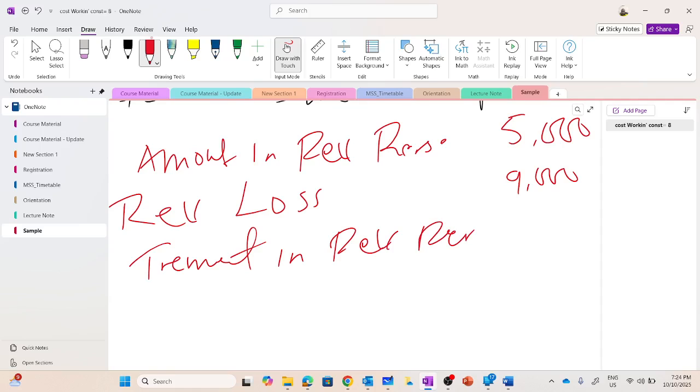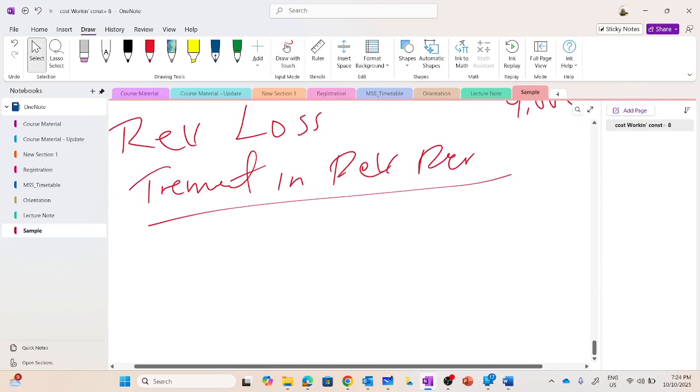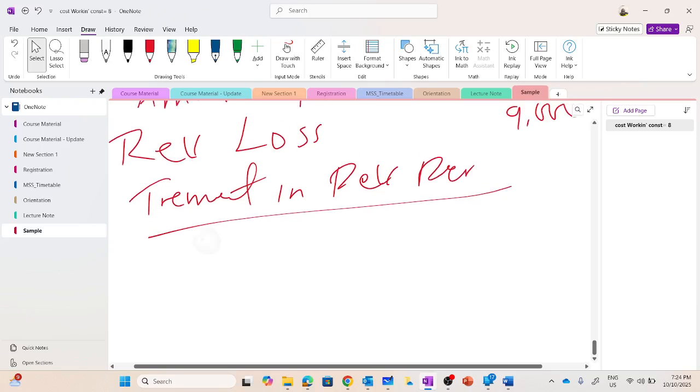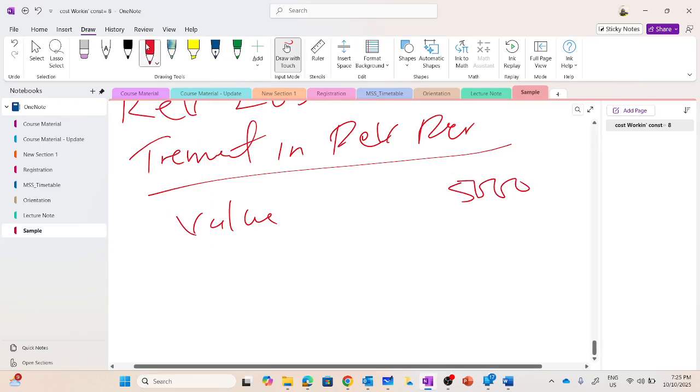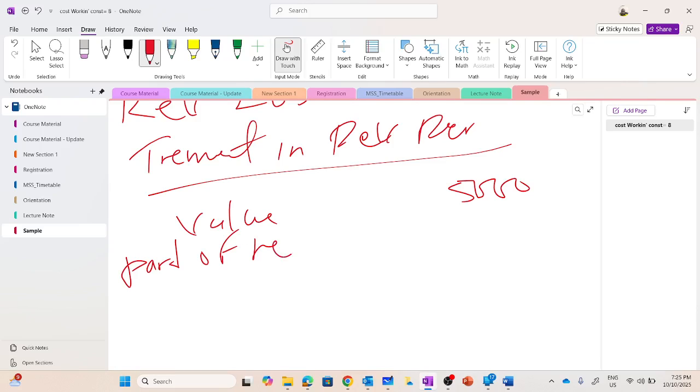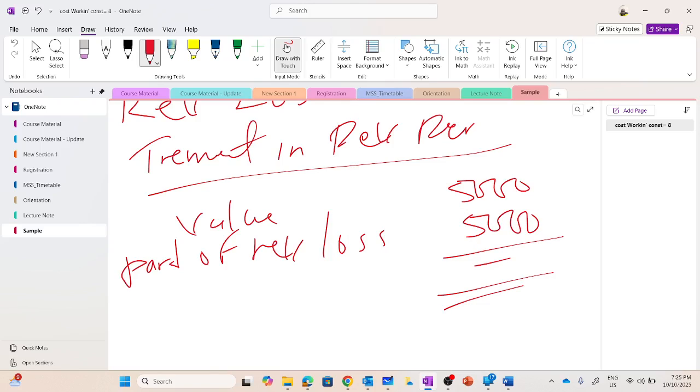The value in the revaluation reserve is 5,000, so we show part of the 9,000 loss, 5,000, against it. Currently the value in the revaluation reserve is 0.